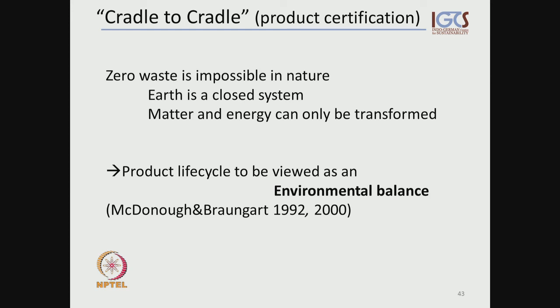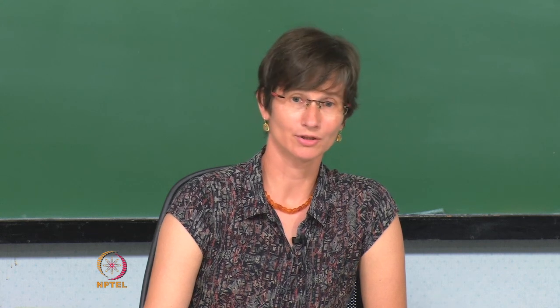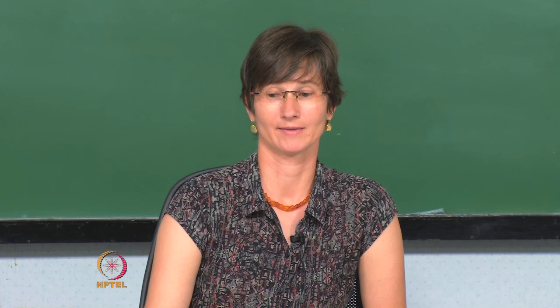for the other. So what we have to understand is that our product life cycles have to be viewed as an environmental balance. So it should be not a linear source to sink relationship, but a balance that should be equal on both sides.